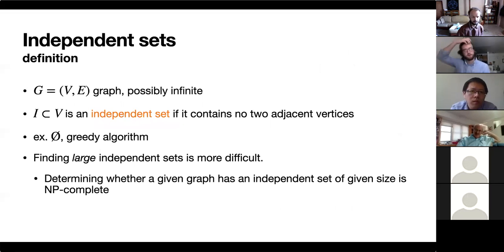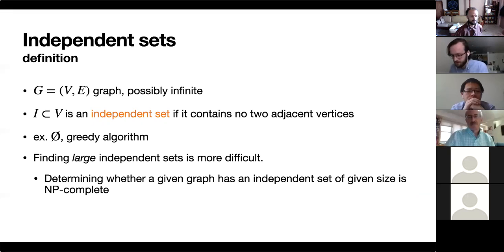Okay, so the first two bullet points are just saying that, the definition of independent set. So this is a basic example of a constraint satisfaction problem. The constraint is just having no two adjacent vertices. A nice thing about this particular constraint satisfaction problem, CSP, I guess, if you want to sound cool, is that there's always a solution, which is the empty set.